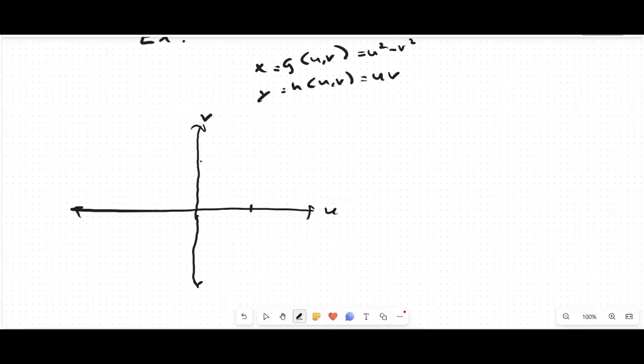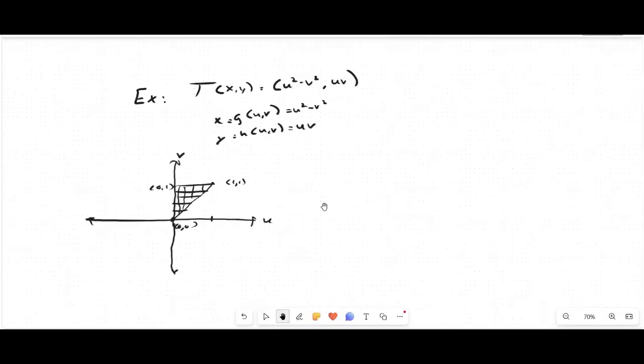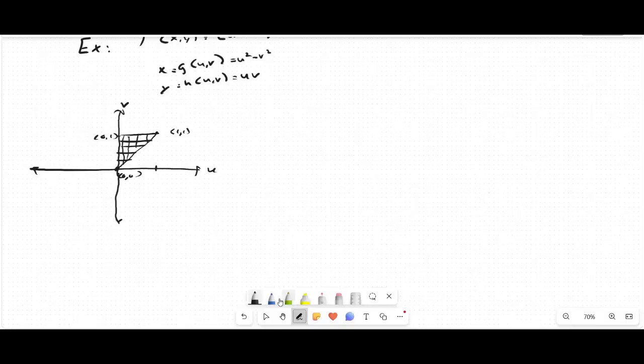So here's 0, 1, here's 1, 1, and then here's the origin down here. We get a triangle in u and v. What does this triangle look like if we transform over to x and y?